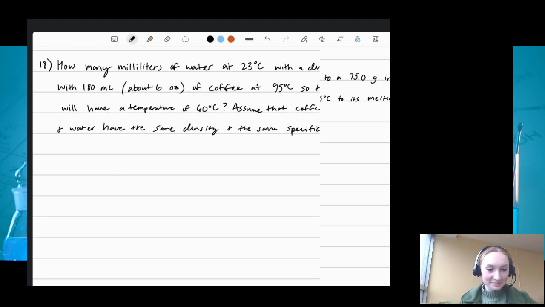Okay, so it asks us how many milliliters we need. So we first have to understand that the density is really important here, because in our Q equals MCΔT, for M, it's going to be in grams. So we're not working with milliliters like it's giving us. We're going to be working with grams.